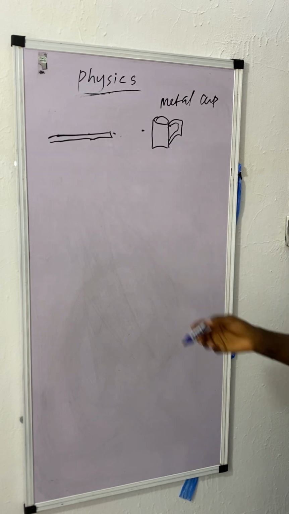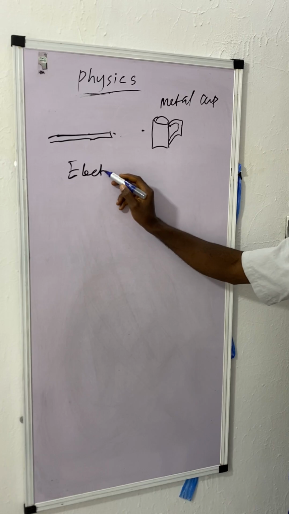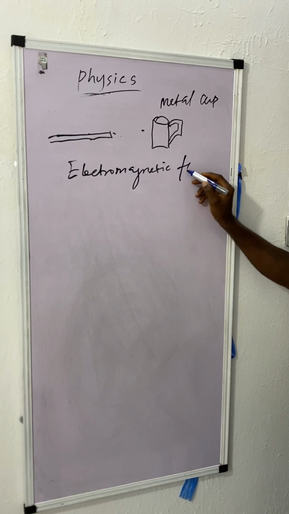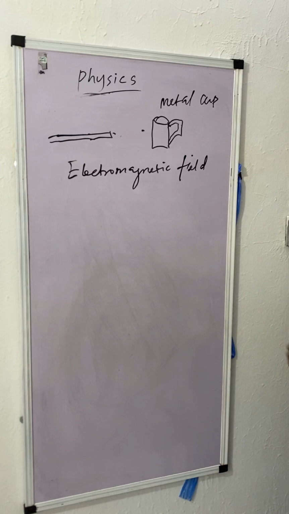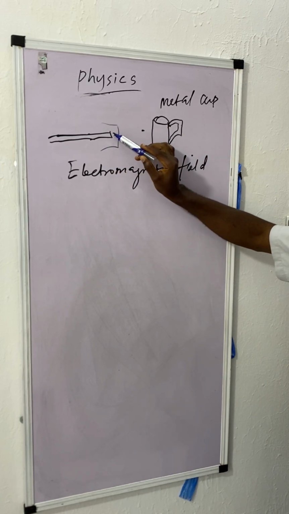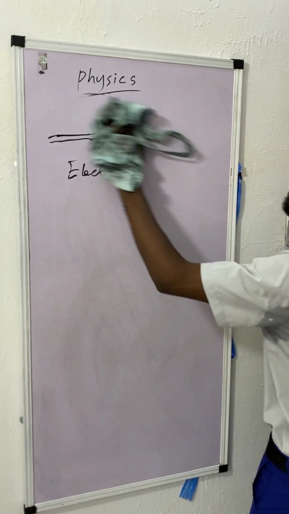But yet, there is no contact, no touch. Yes, it happens as a result of electromagnetic field formed. The electric part forms a magnetic field that travels from this wire to the metal cup and transfers charge, through the magnetic field.